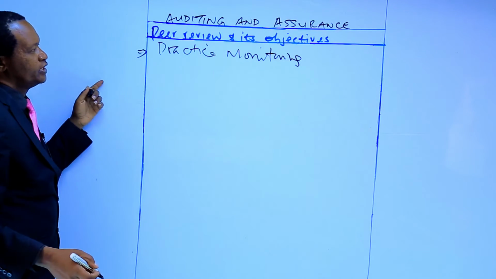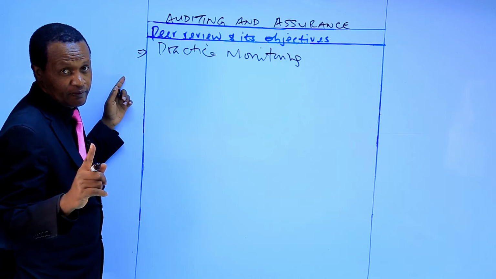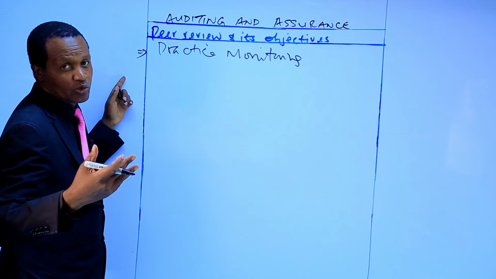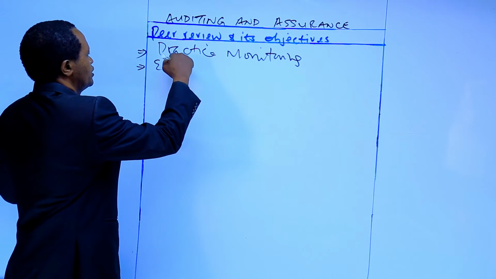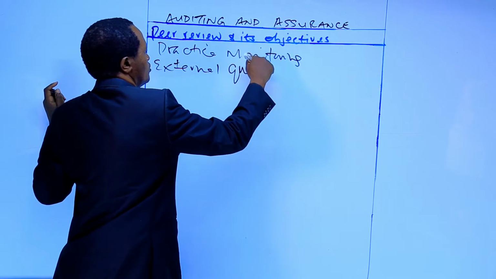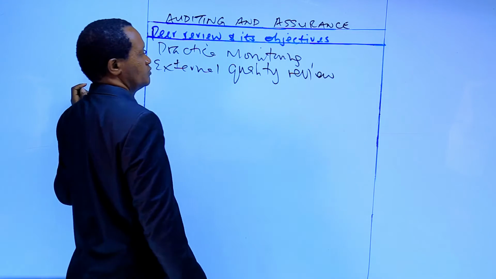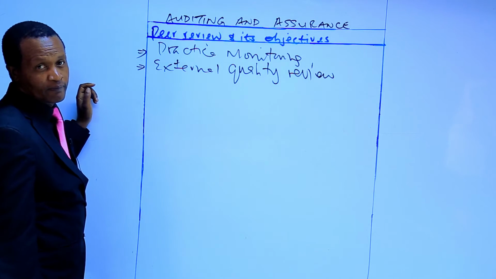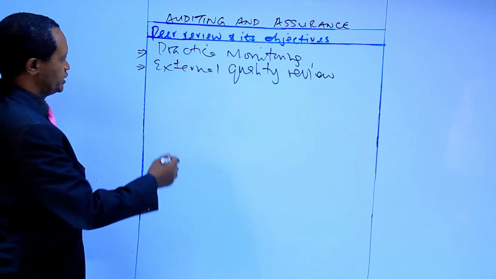Peer review is also known as practice monitoring or an external quality review. It may also be known as audit of the auditors.